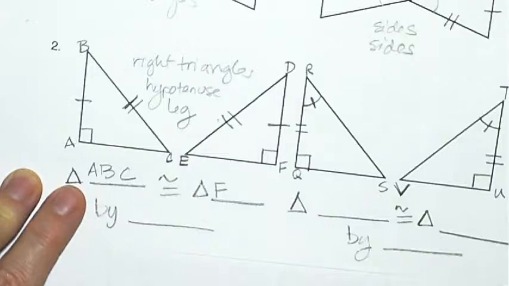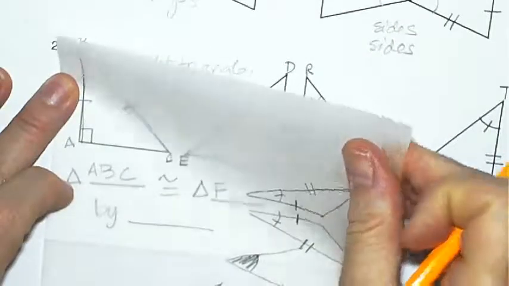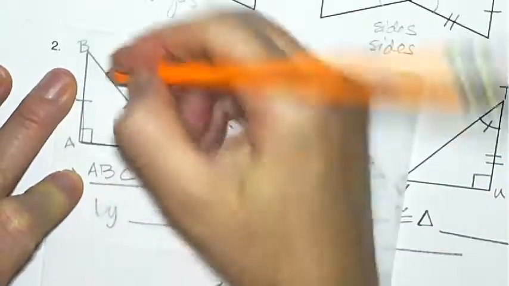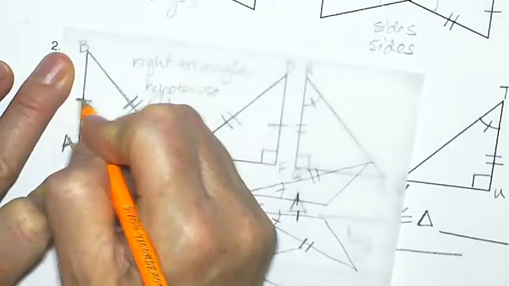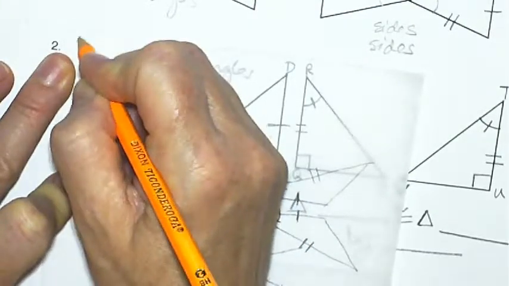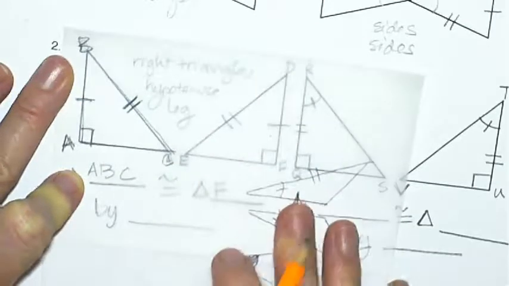B, if I were to trace this triangle, and if you're not sure, just trace it. Mark everything. These are pretty easy if you just take your time.